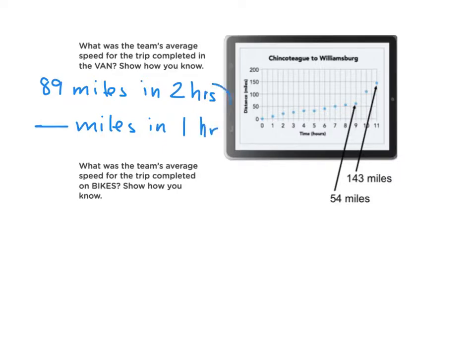So we have to divide by 2. To get from 2 hours down to 1 hour, we cut it in half. So half of 89 is 44.5. So 44.5 miles per hour.